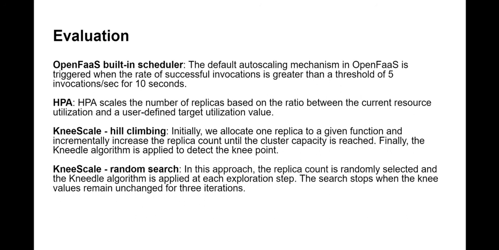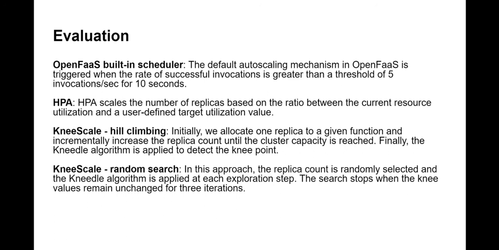The third one is KneeScale hill climbing. Initially, it will allocate one replica to a given function and incrementally increase the replica count until the cluster capacity is reached. Finally, the Kneedle algorithm is applied to detect the knee point.